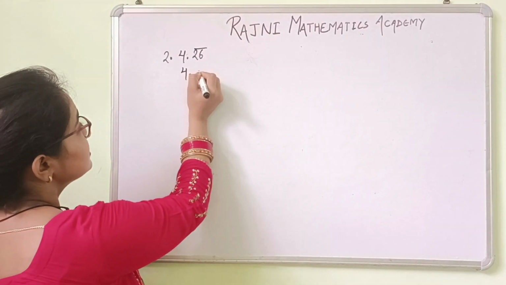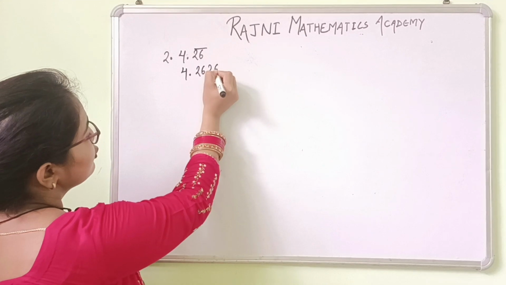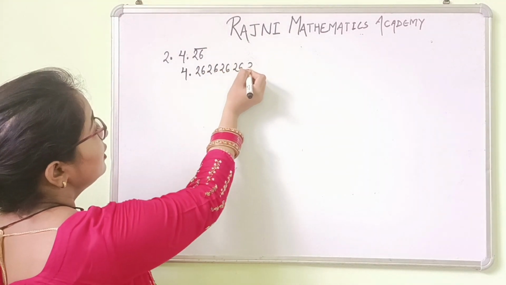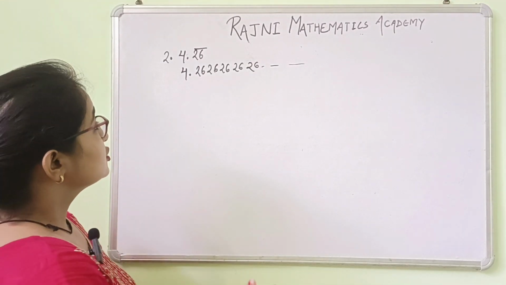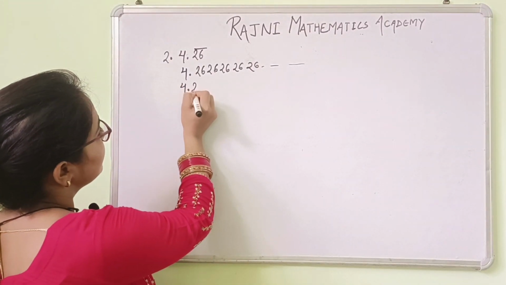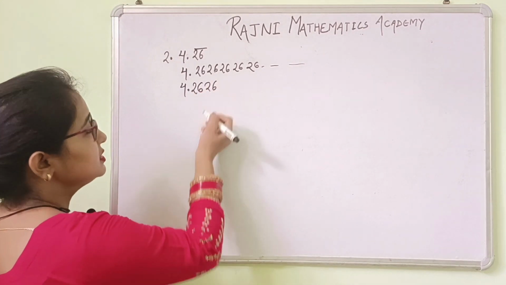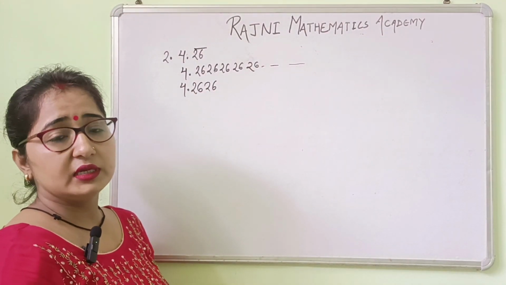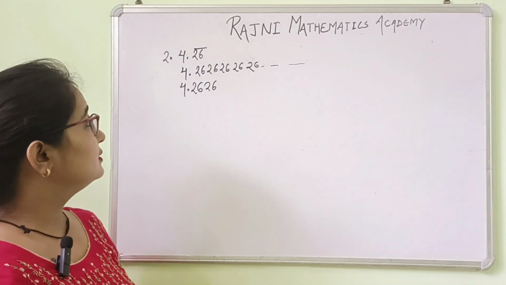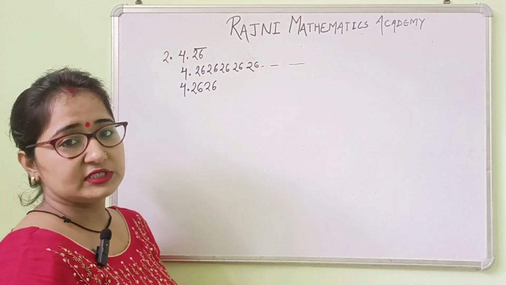The number is 4.26262626, it will go on infinitely. So we have to represent on the number line 4.2626. In the first question there were 4 steps, and in this question there will be 5 steps.